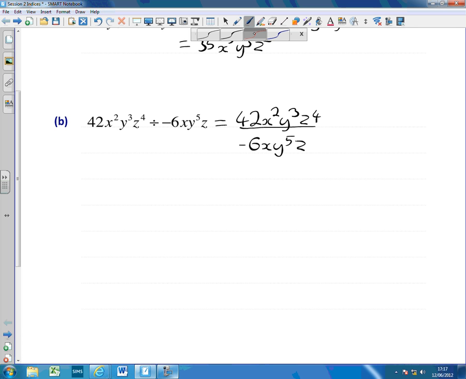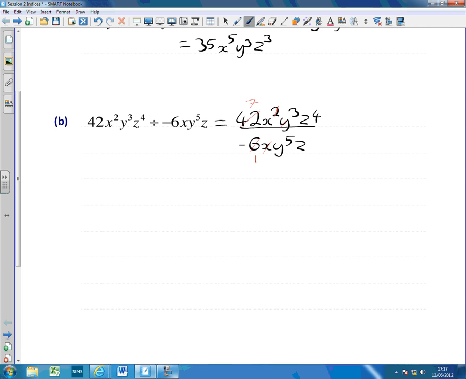We can divide something into the top, that's fine, as long as we divide the same thing into the bottom. So we could divide the bottom by 6, and that goes in once. As long as we divide the top by 6, that's fine. We can divide the bottom by x, as long as we divide the top by x.